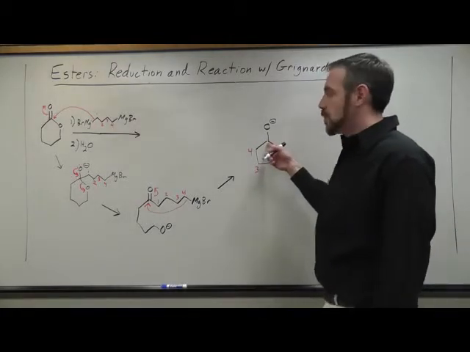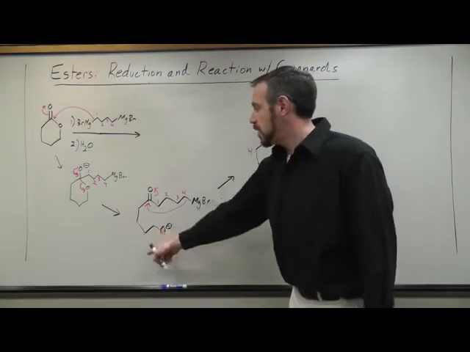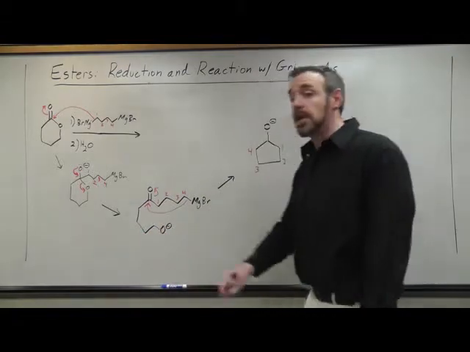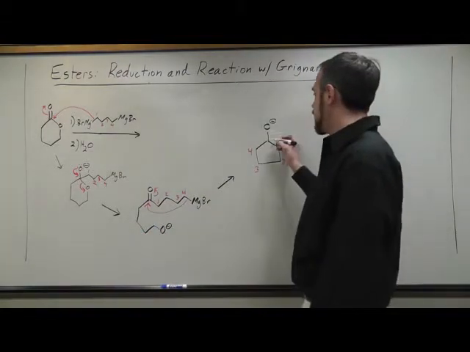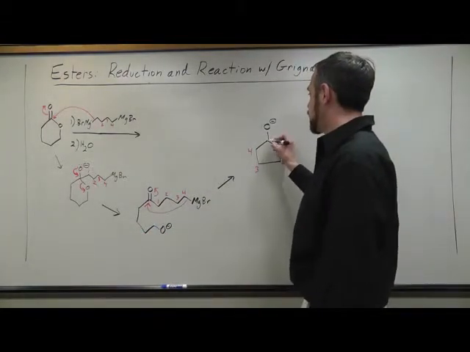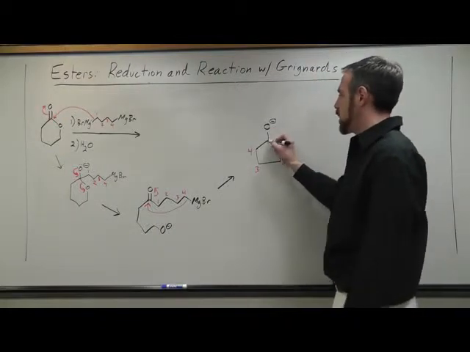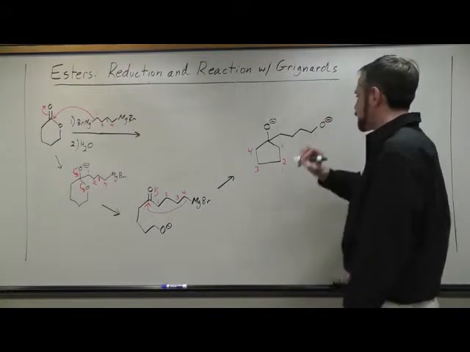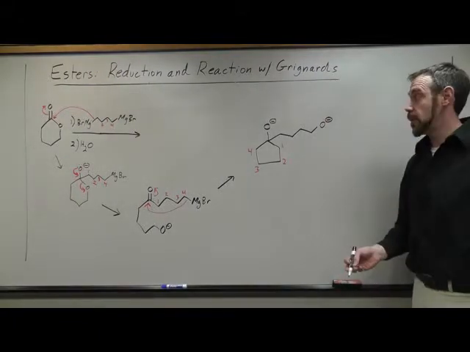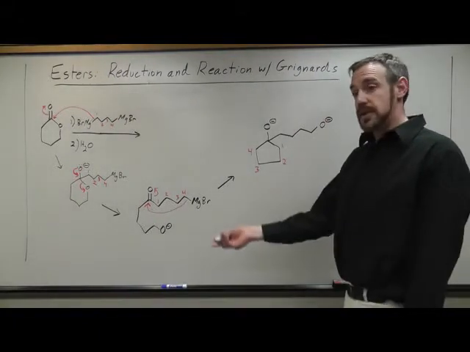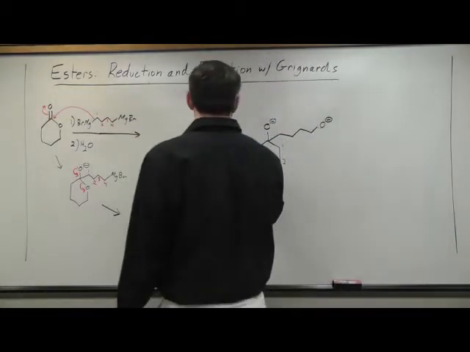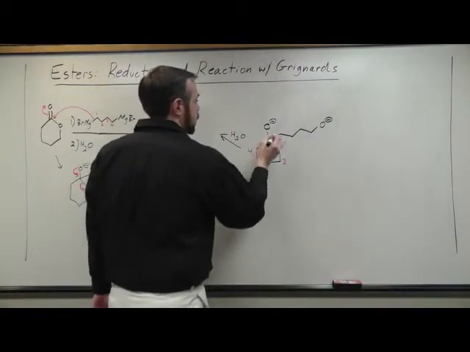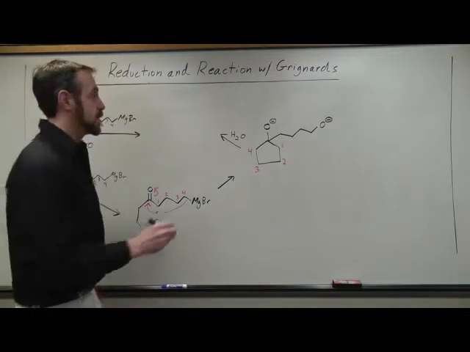Well, there is also this alkyl chain hanging off here, which is a 1, 2, 3, 4 carbon chain with an alcohol at the end. And that's also bonded to this carbon. You could have it coming off either direction. But we would have this as our product. When you put in the water wash, we'll add hydrogens to those oxygens.